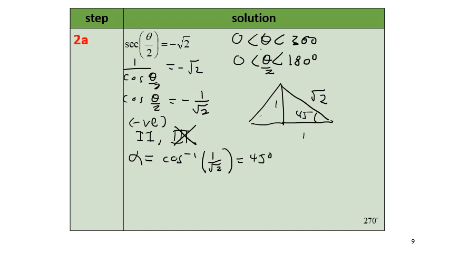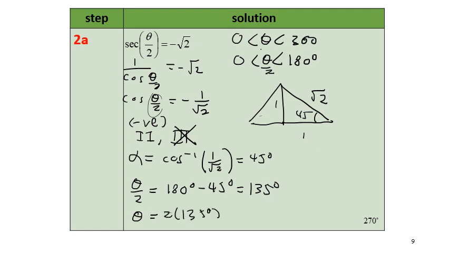So since it is in the second quadrant, theta over 2, remember theta over 2, not theta, is 180 minus 45, which is 135 degrees. The answer needs to be in theta, so leave only theta: 135 times 2. So we got 270 degrees. So that's the answer for this case.